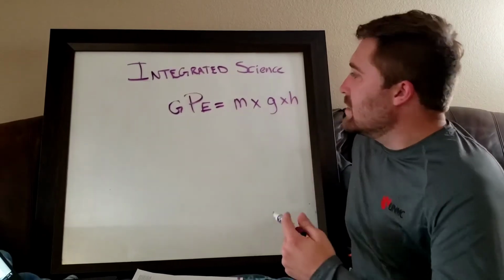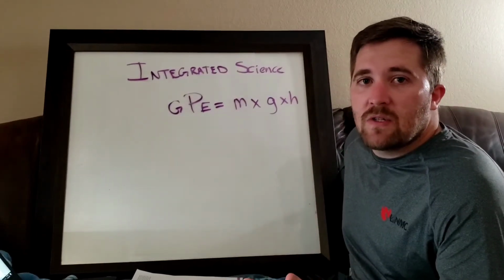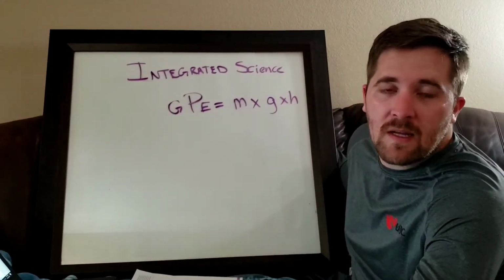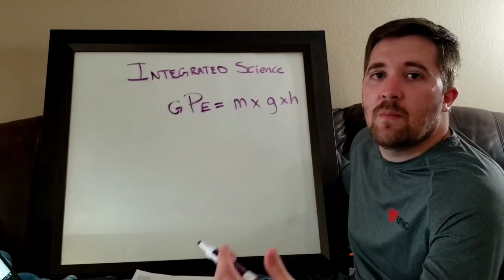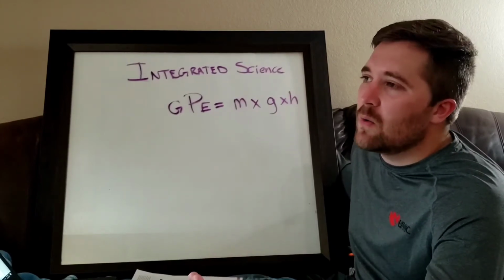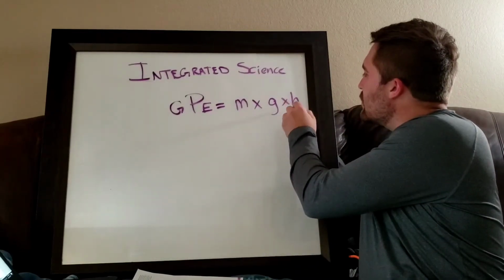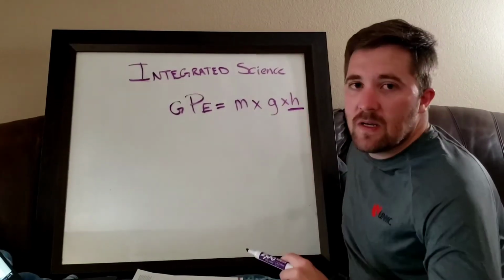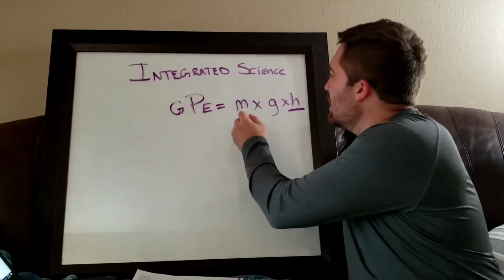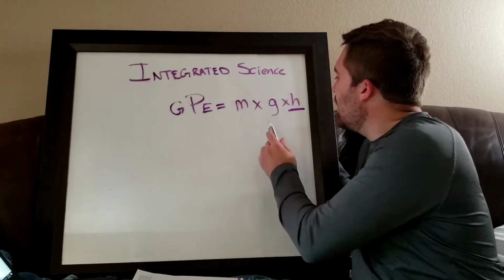And then the height. So gravitational potential energy is not dealing with motion like kinetic energy. It is dealing with position. So how high you are on a cliff. So remember that gravitational potential energy deals with position. Got your mass of an object and you have gravity.